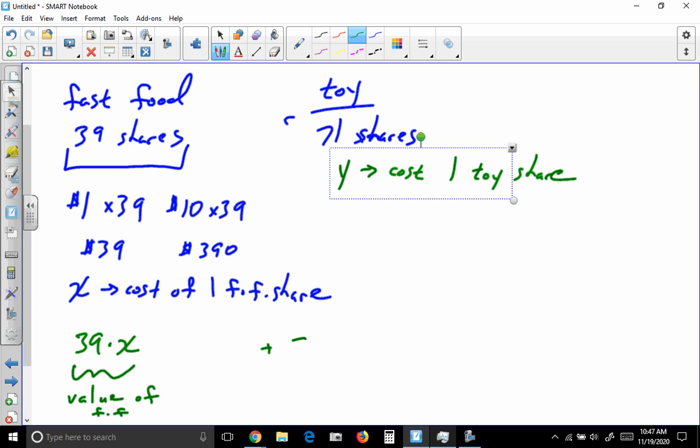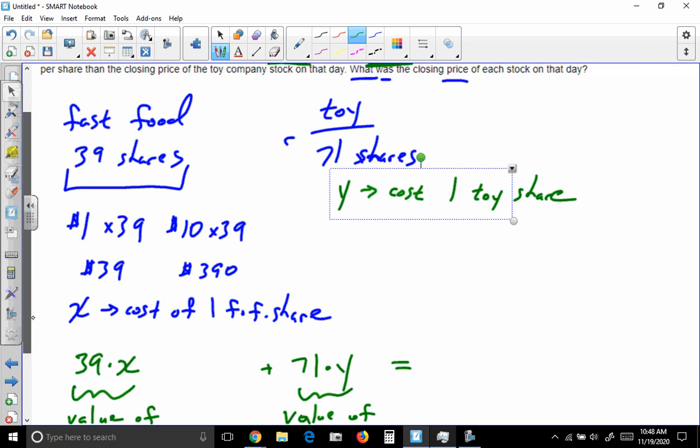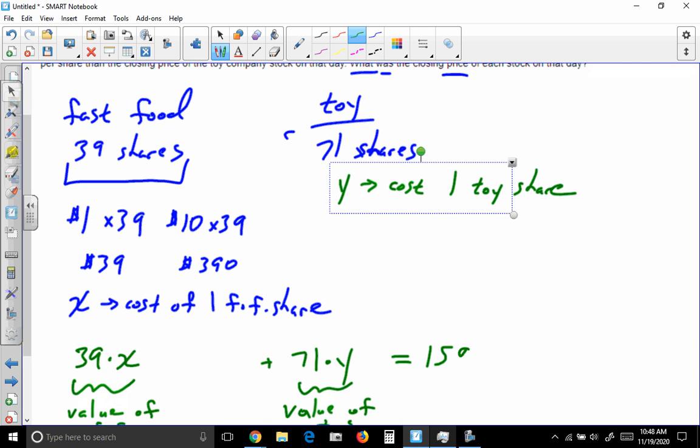If we take the number of shares times the cost of a toy share, so let's say a toy share was $5 and we have 71 of them, so $5 71 times, that would tell us the value of all of our toy shares. So when we add up how much money we have in fast food shares and how much we have in toy shares, that is $1,598.